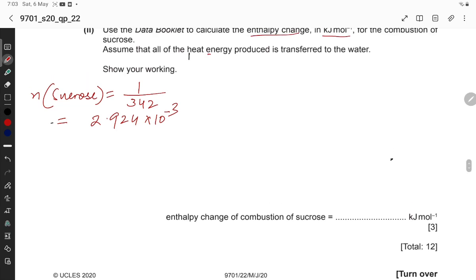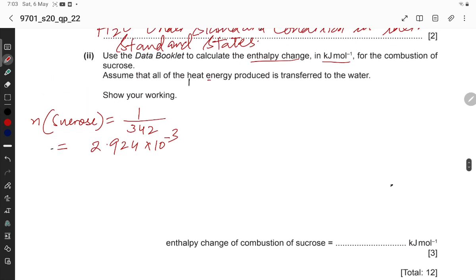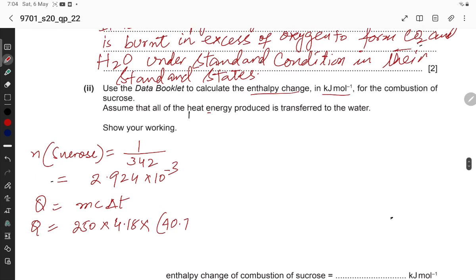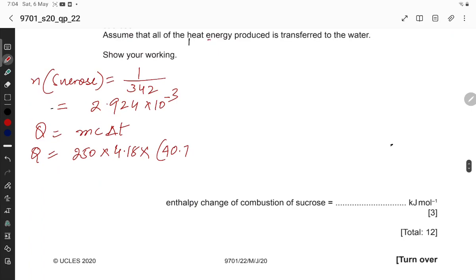Now heat energy produced is from enthalpy change. Q is equal to mc delta T. Q is equal to 250, specific heat capacity is 4.18, into 40.7, change in temperature 25 degrees centigrade.